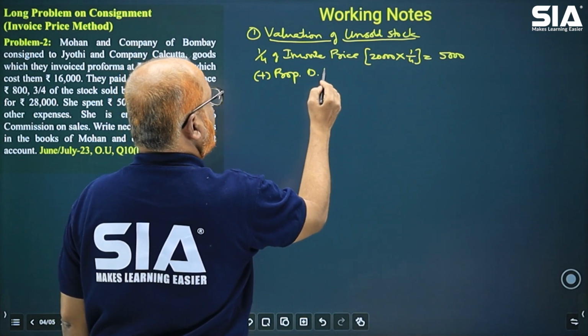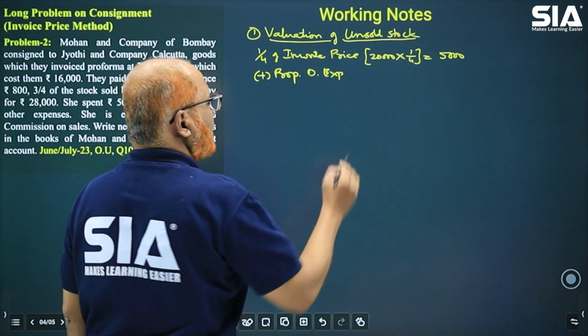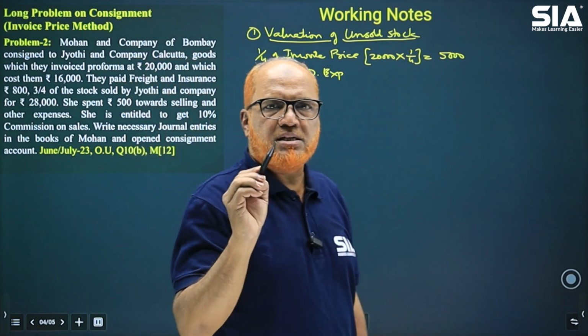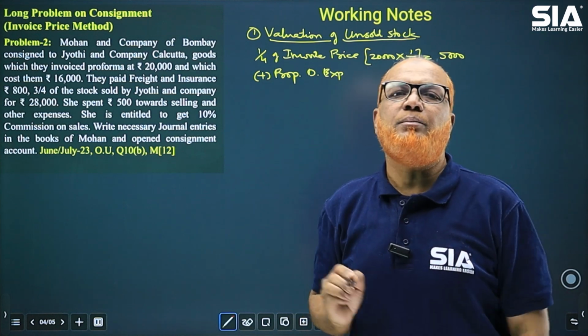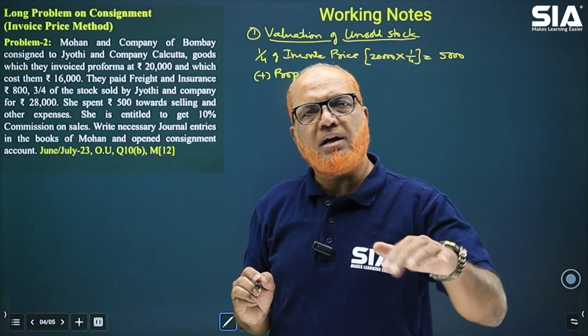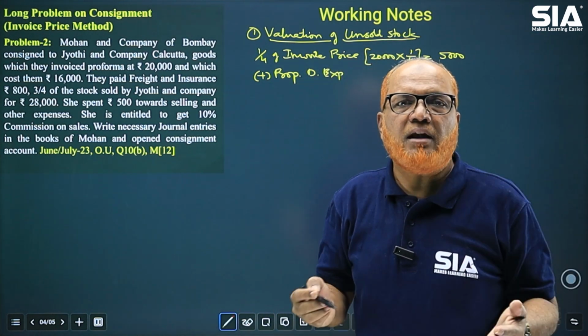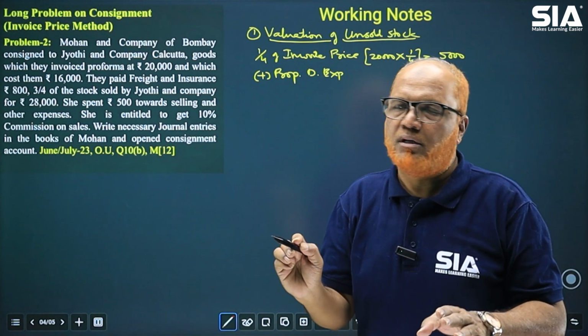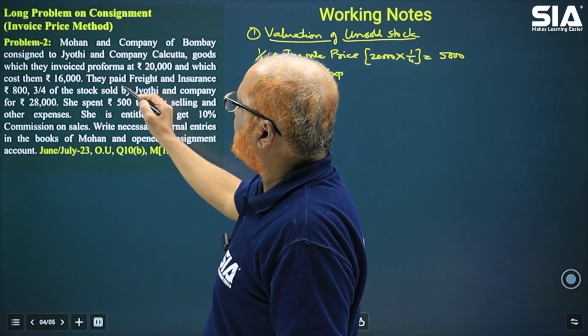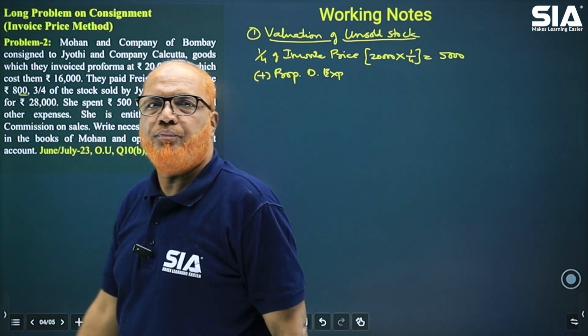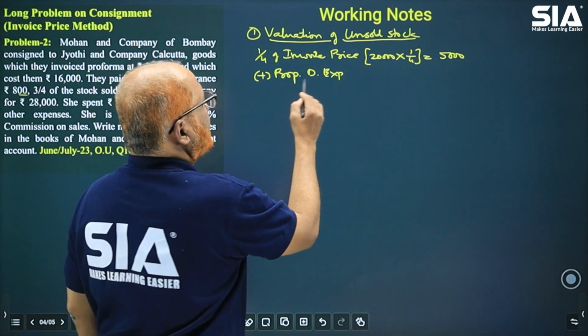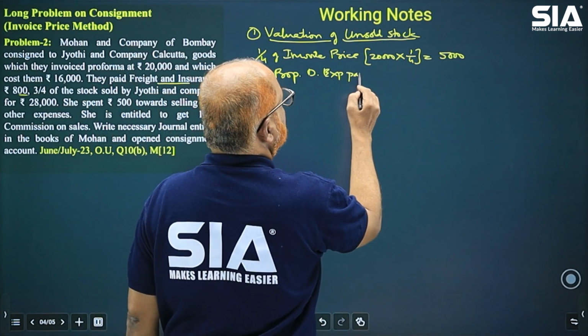Expenses incurred by the consignor are direct expenses, whereas in our problem the consignee's expenses are indirect, recurring, so we are not going to take them. How much expenditure was incurred by the consignor? Freight and insurance, 800.